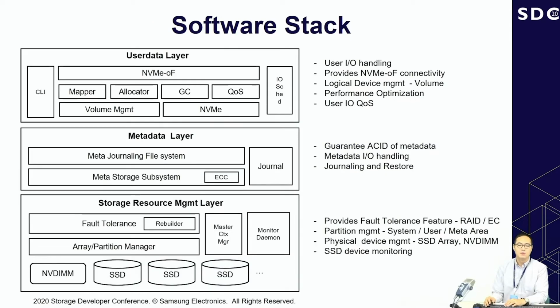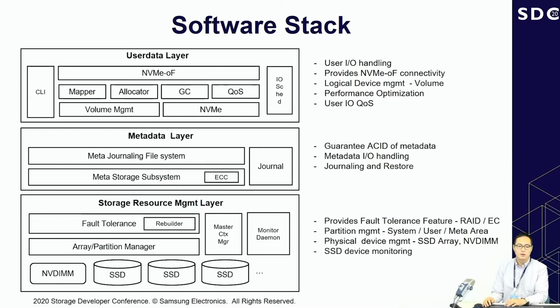Now, let me move on to the software stack of our reference system. Our reference system consists of three layers: storage resource management layer, metadata layer, and user data layer, conceptually from bottom to top. We built each layer from the perspective of providing both NVMe Fabric connectivity and storage system functionality.